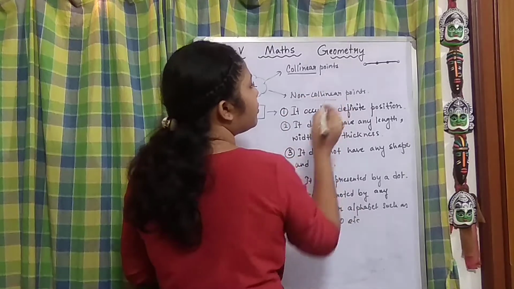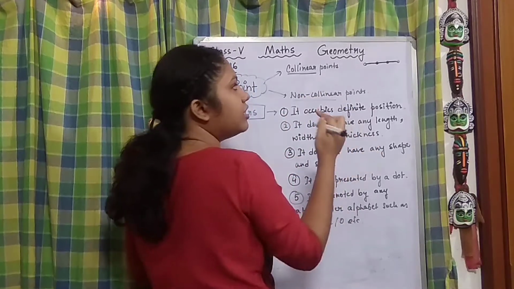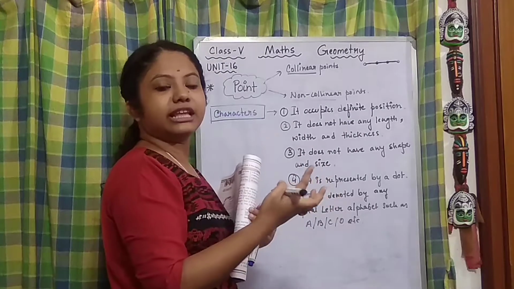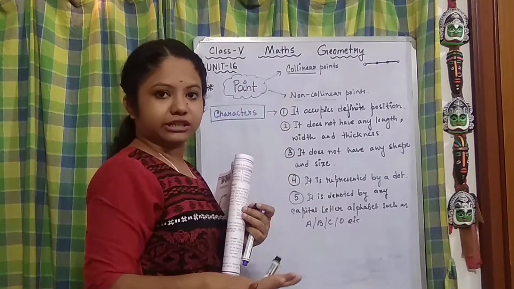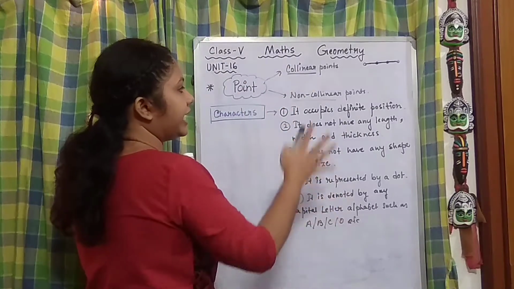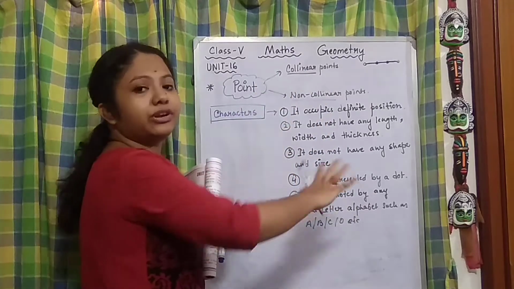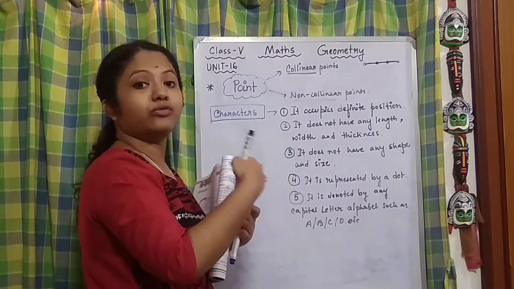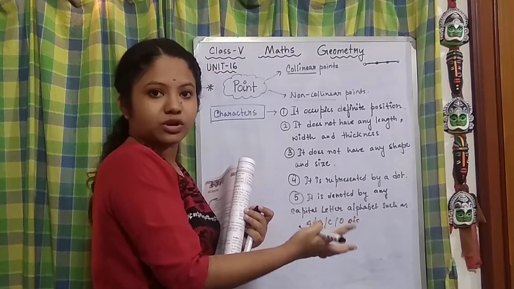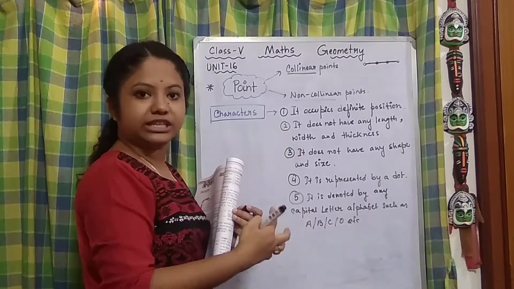Now non-collinear points are exactly the opposite, because I have already said that these points are scattered. Okay, on this board I can put points everywhere, and I can make various kinds of shapes out of those after joining those points with each other.